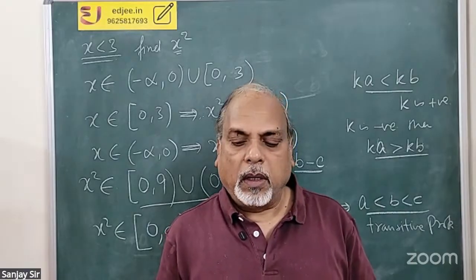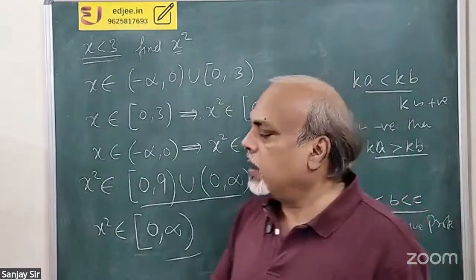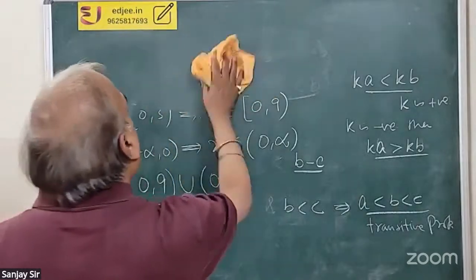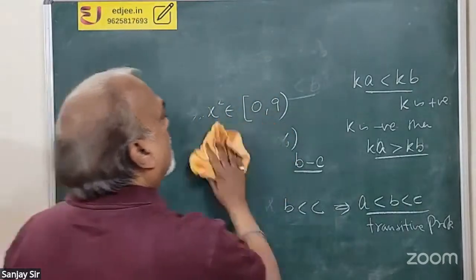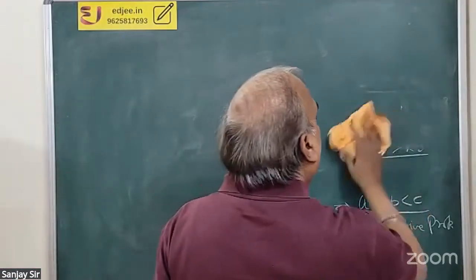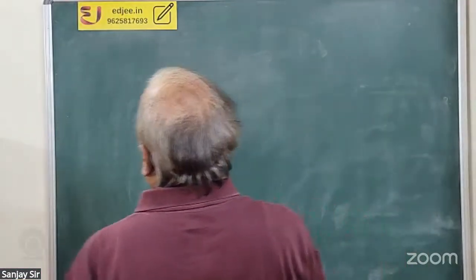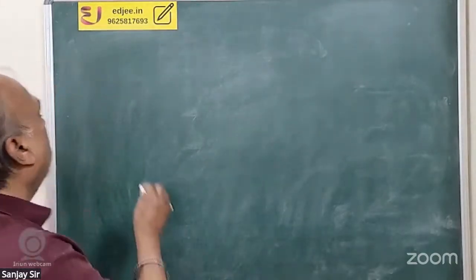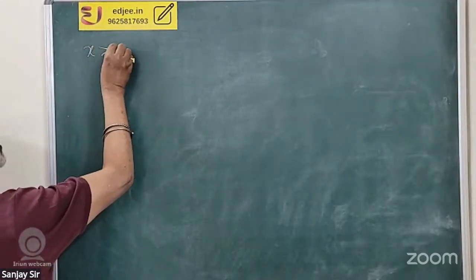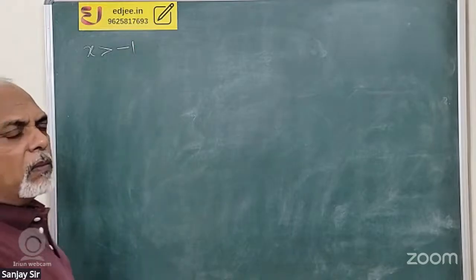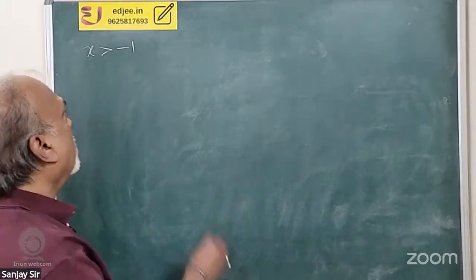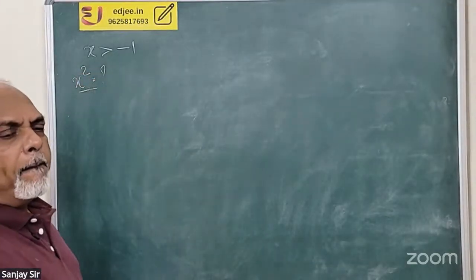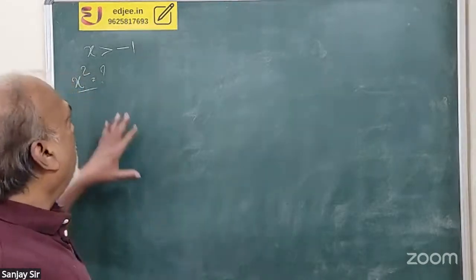Correct. One more example I will take up, then we will wind up today's lecture. I hope you understood these things. Suppose x is greater than -1, then what about x square?